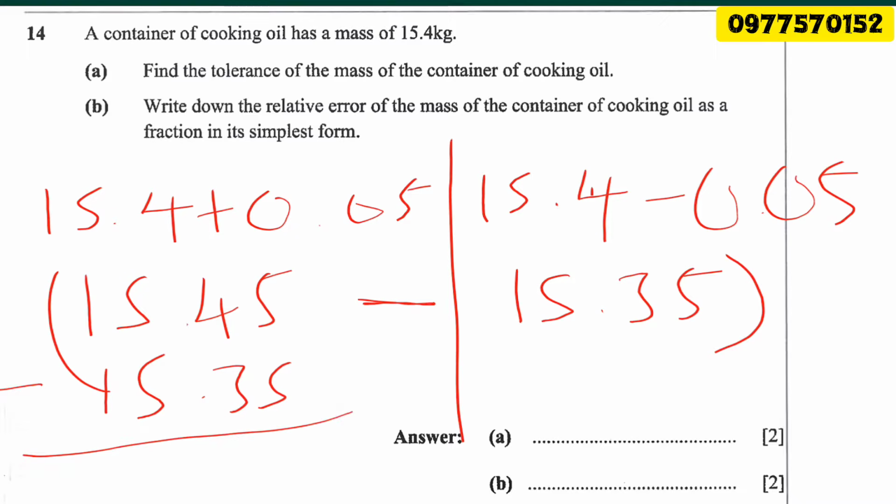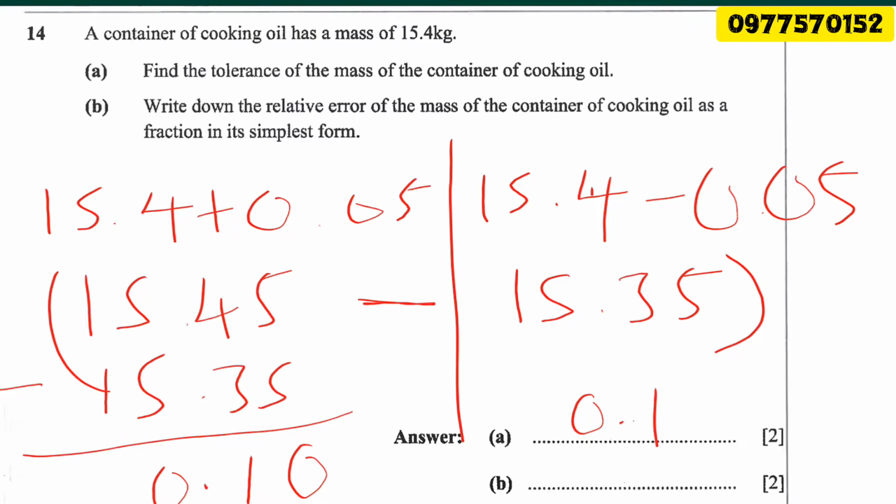All right, 5 minus 5 is 0, 4 minus 3 is 1, and this other 0. So it's 0.1. So the answer here is 0.1. Okay? As simple as this.